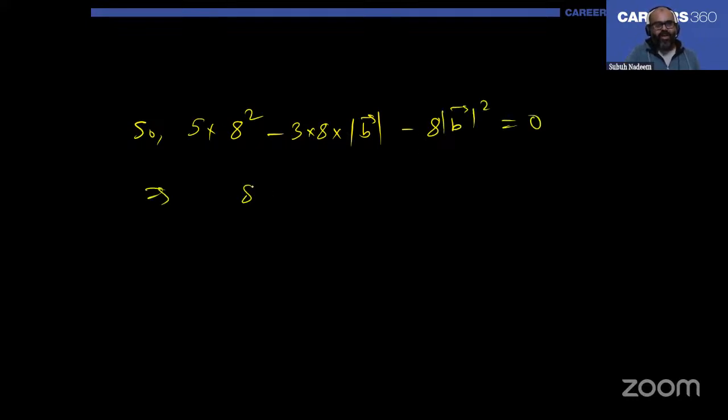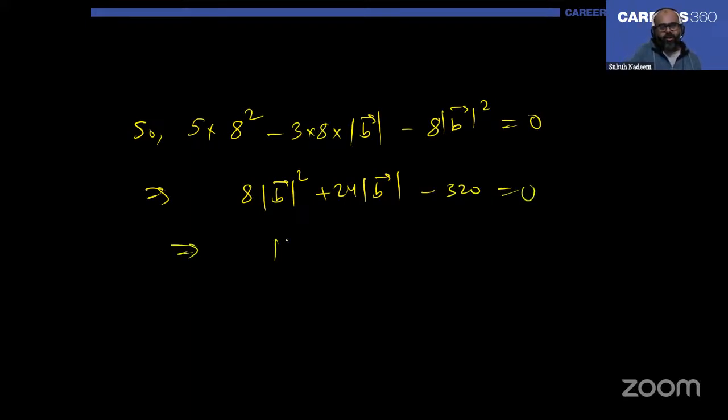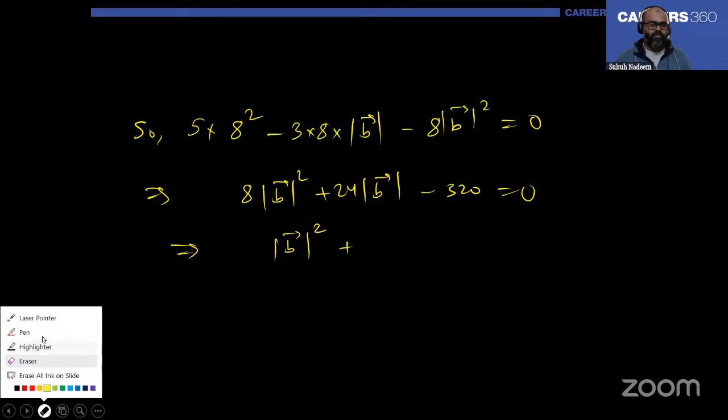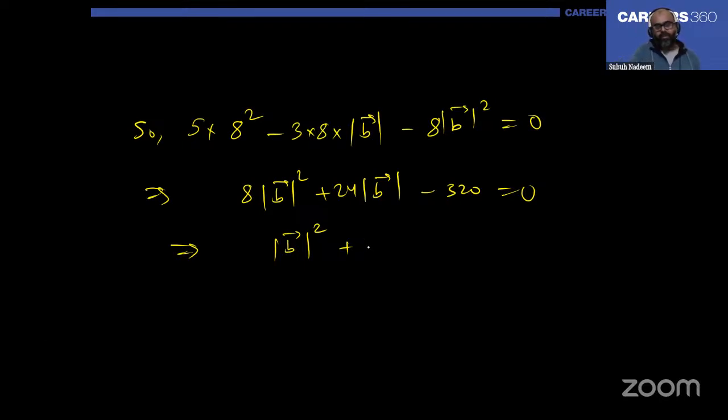So what we get is 8 mod B square and then plus 24 mod B minus 64 into 5 is 320 is equal to 0. We can take 8 common and we can say mod B square plus this will become 3 mod B. And this will become 8, 4, 32, 40 equal to 0.